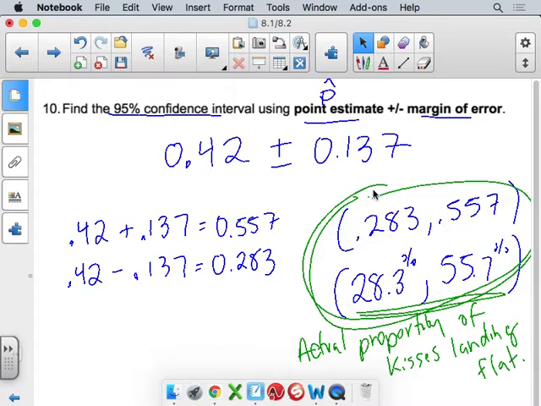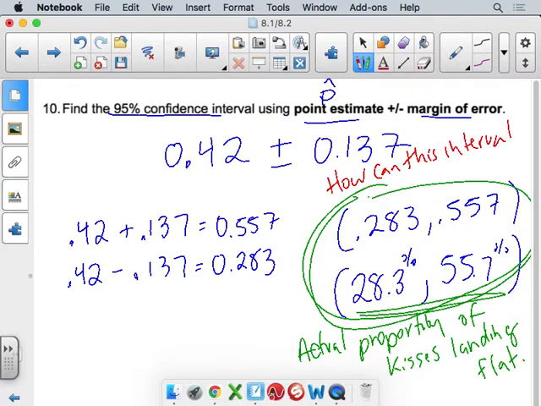And so let's go back to the first part of the lesson. So this wasn't planned, but this is a good spot. How can this interval get smaller? There's two ways.